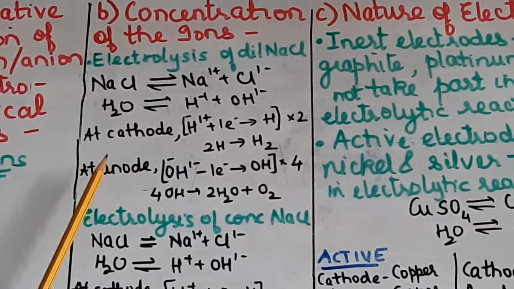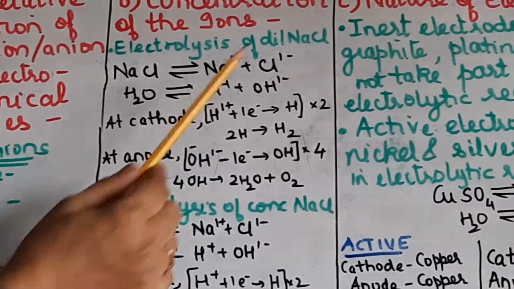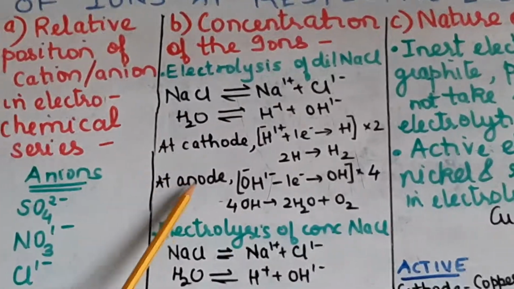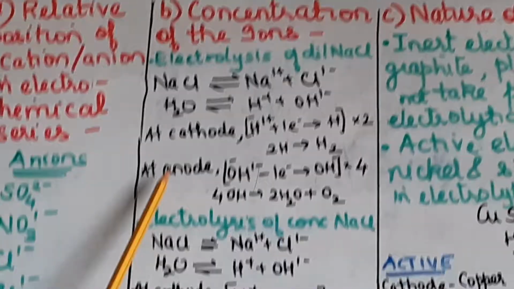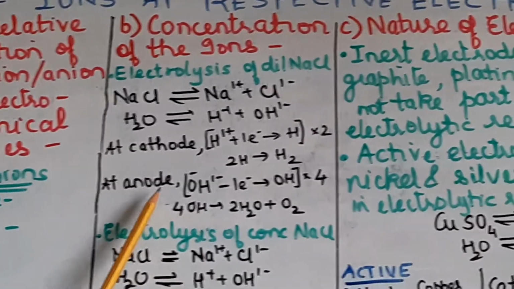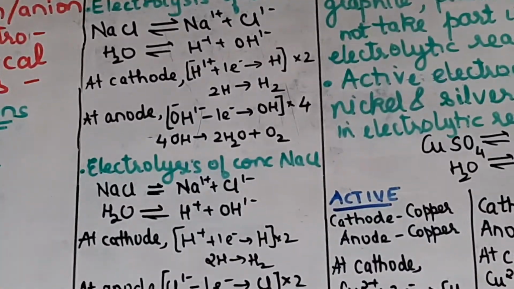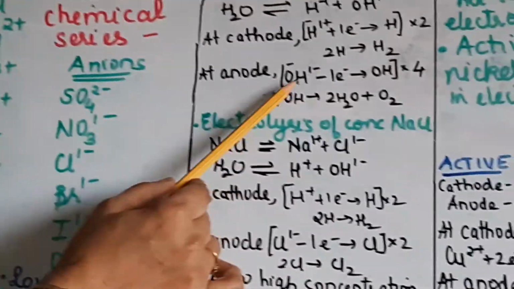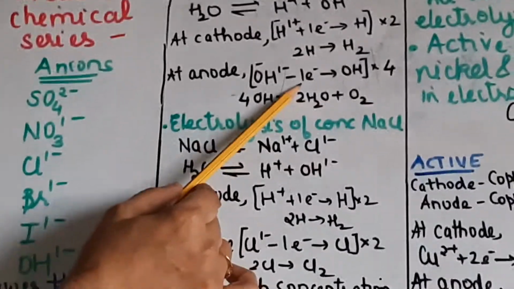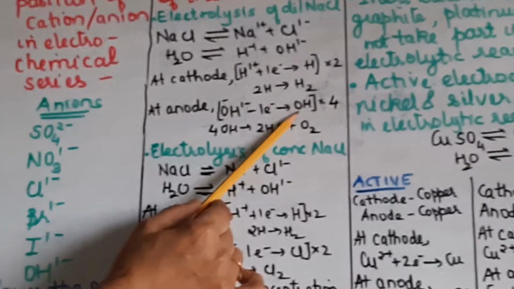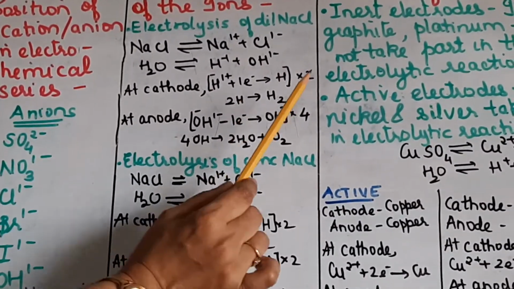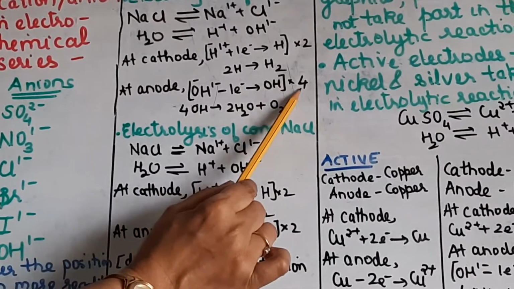Now at the anode, the anions will migrate to the anode. So both the chloride ions and the hydroxyl ions are going to migrate to the anode. But which will get preferentially discharged is based on its position. So here OH is lower in the series, Cl is above, correct? So hydroxyl ions will lose electrons and form OH, and this OH radical is highly unstable. So you just multiply this by 4.